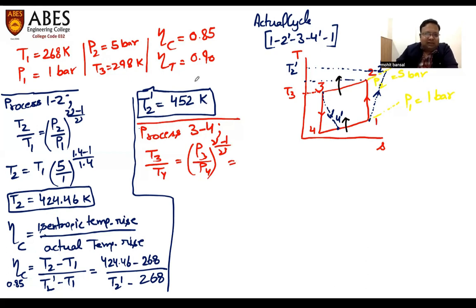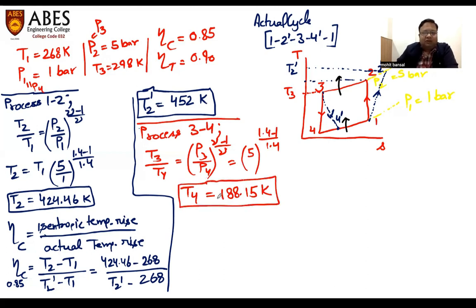P3 and P2 are the same thing, and P1 and P4 are both the same. So that will be 5 raised to power gamma minus 1 upon gamma. So we can easily find out this T4. On solving this, T4 comes out to be 188.15 Kelvin.